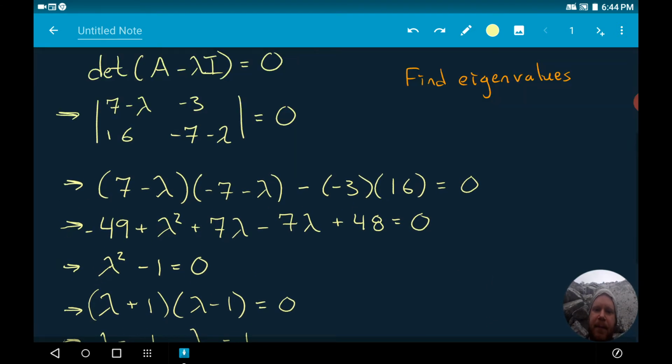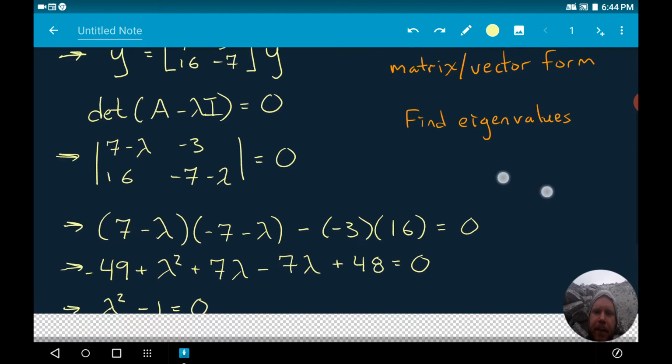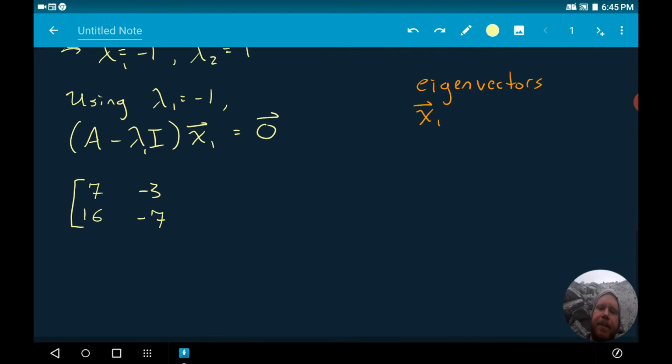Just double checking. Okay. 7, negative 3, 16, negative 7. Okay. But in this case, this is going to be plus 1, plus 1. Looks like this.